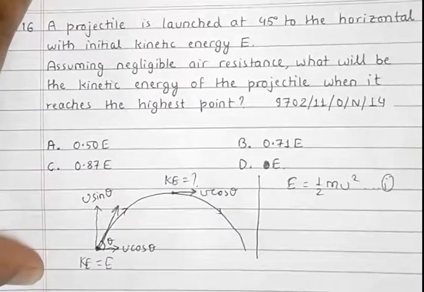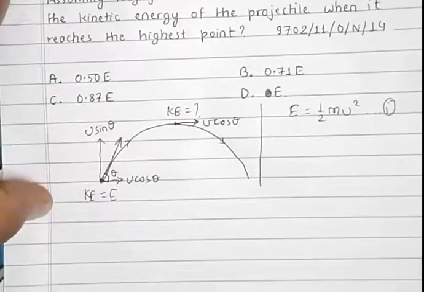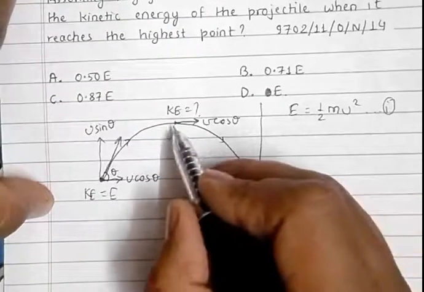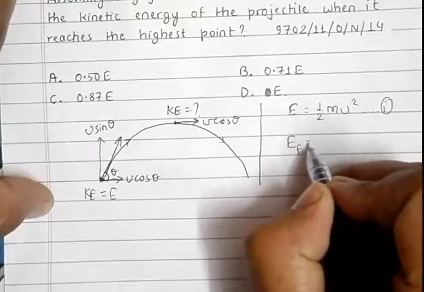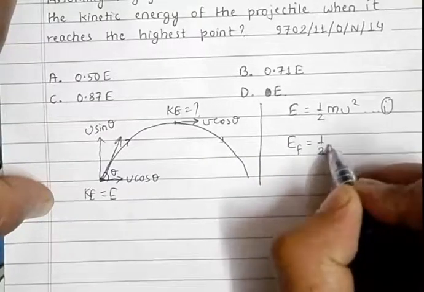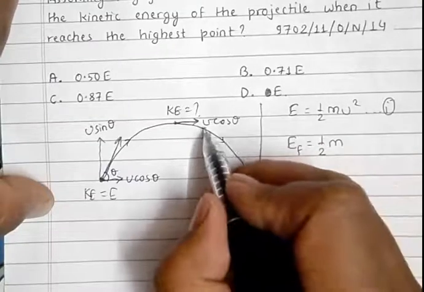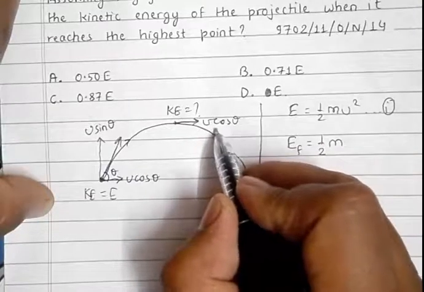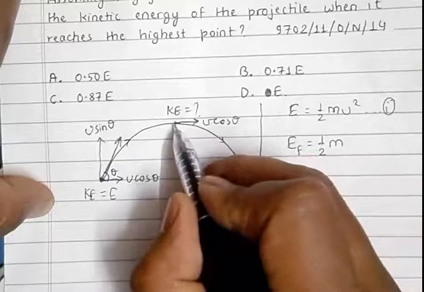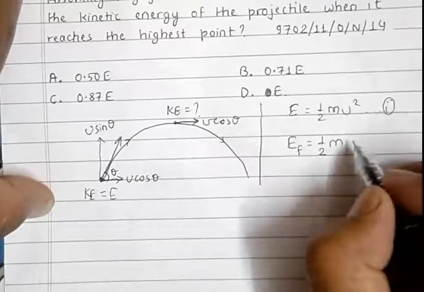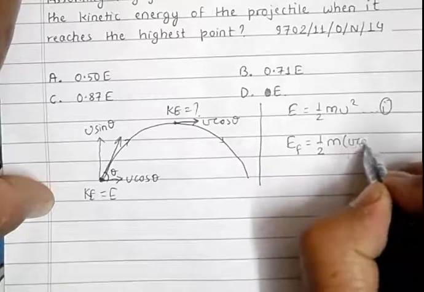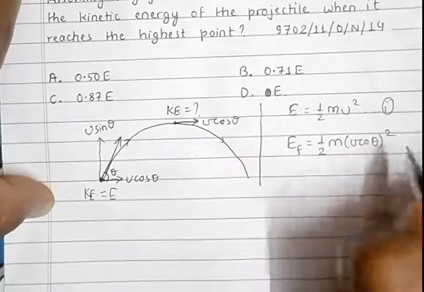Then if I have to find the KE here, this is E final, that's equal to 1/2 m, and the velocity here is only U cos theta, since there is no vertical component but only the horizontal component. Then it is squared.